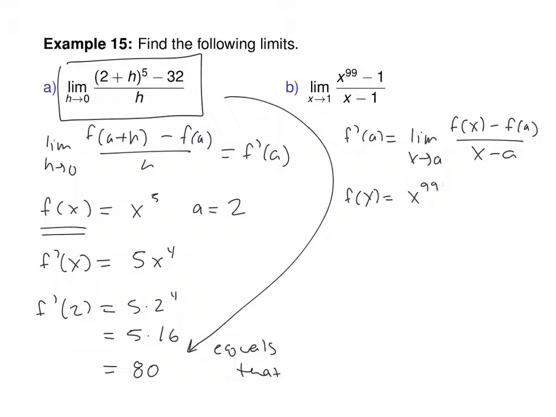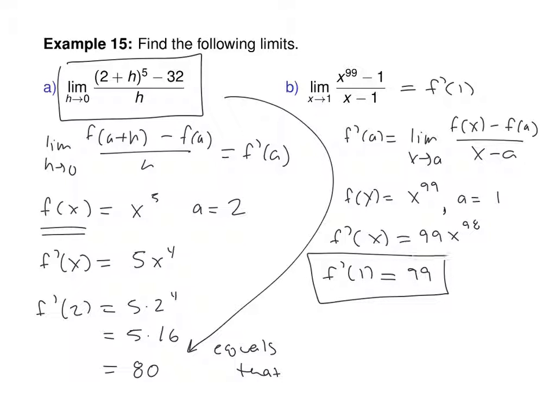X to the 99th power. And then what is the a value? 1. And so this limit will equal f prime of 1, and f prime of x is 99x to the 98th. So f prime of 1 is 99. So that's the value of the limit. It's 99.